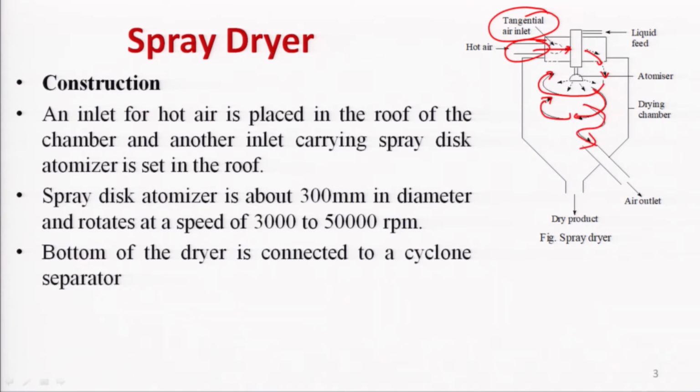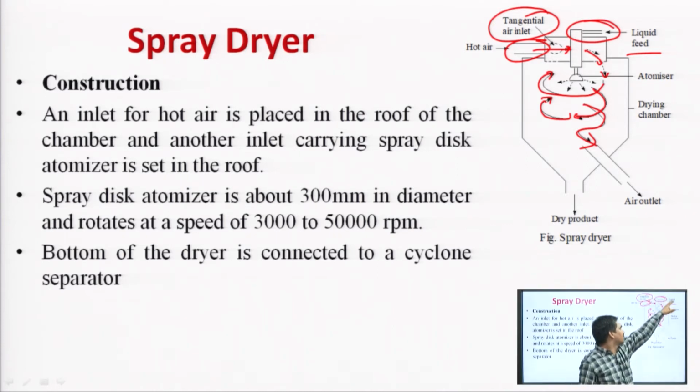This inlet is called the tangential air inlet. The hot air inlet is placed on the roof of the chamber and another inlet is there. This inlet is for the liquid feed, the substance which is to be dried.